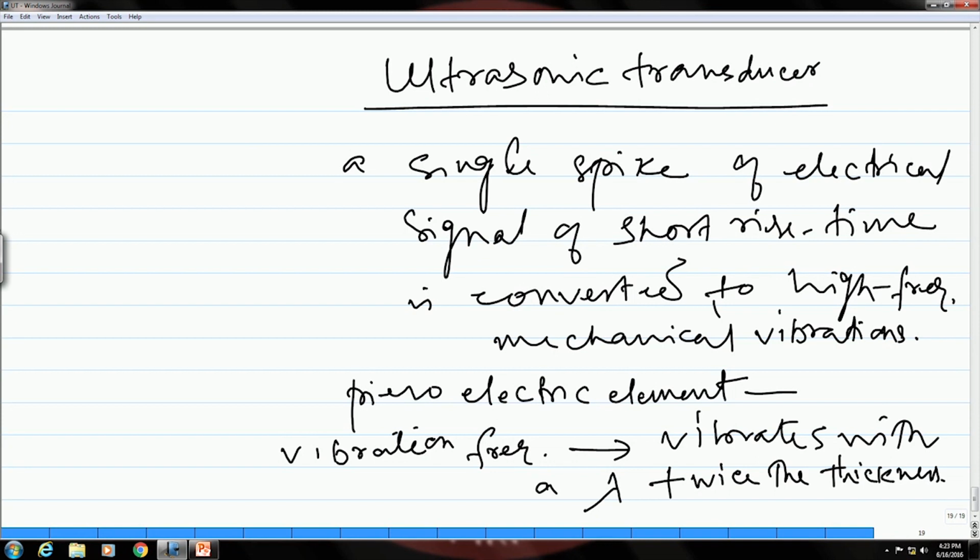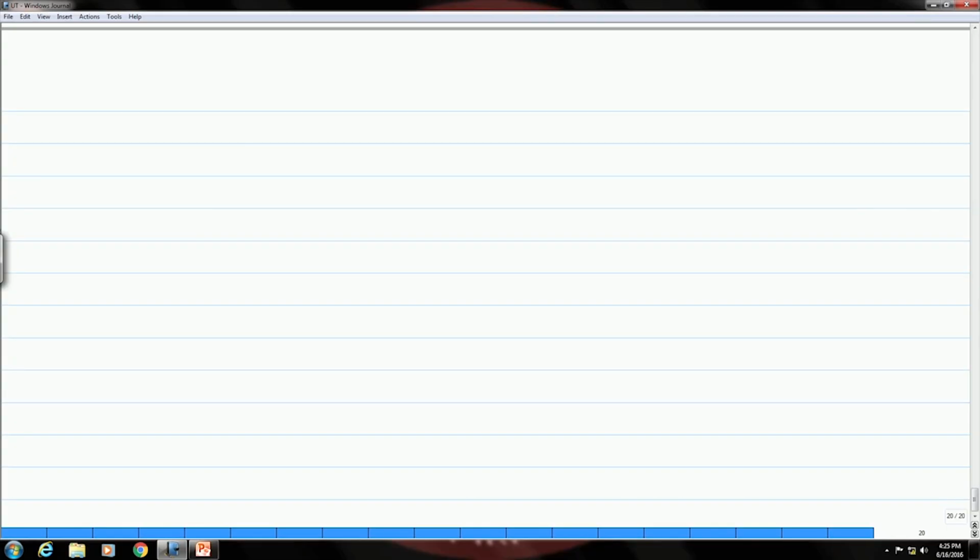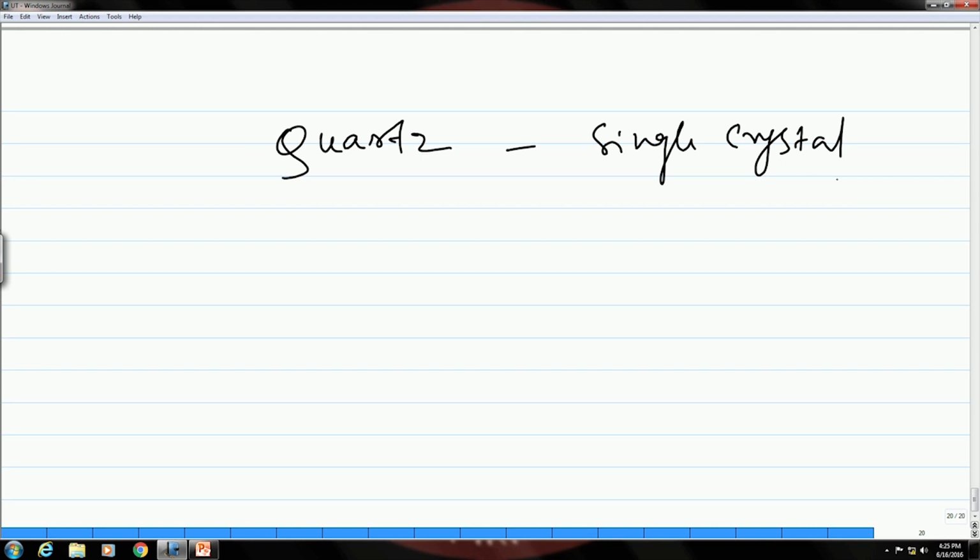But before that, let us talk about what is the material of this piezoelectric element, and what are those parameters which control the transmitting and the receiving ability of this element or the transducer. So, the most commonly known piezoelectric material, as you might all know, is quartz. So, single crystal quartz can be used for making these elements for ultrasonic probes.